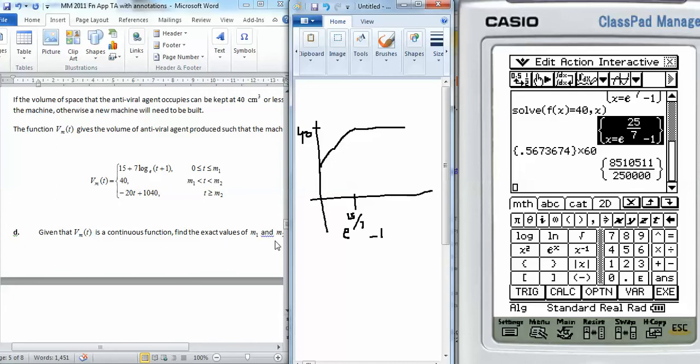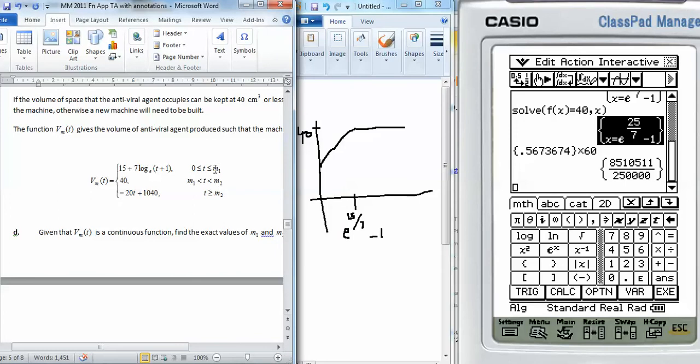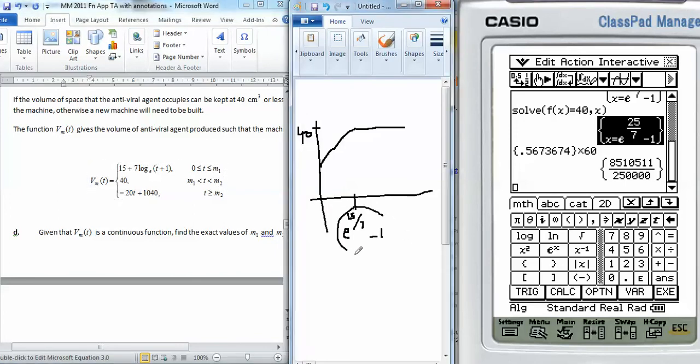So given that, m1 has to equal e to the 25 on 7 minus 1, because that's the particular point where I go from my log curve into my constant, which is equal to 40. Then I kick into a linear, and I'm interested in m2 when the linear starts. That will occur when this equation here equals a y value of 40.